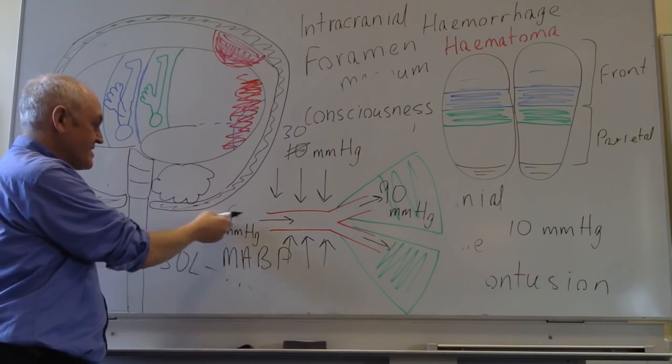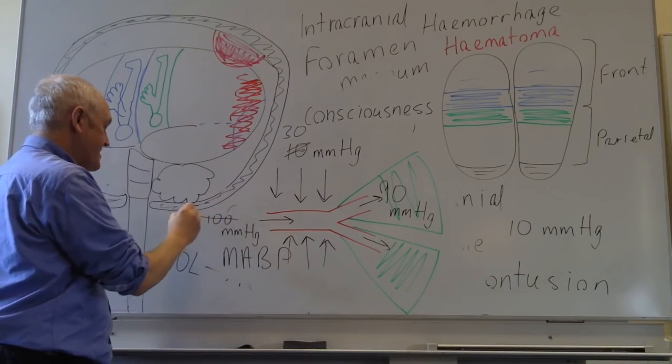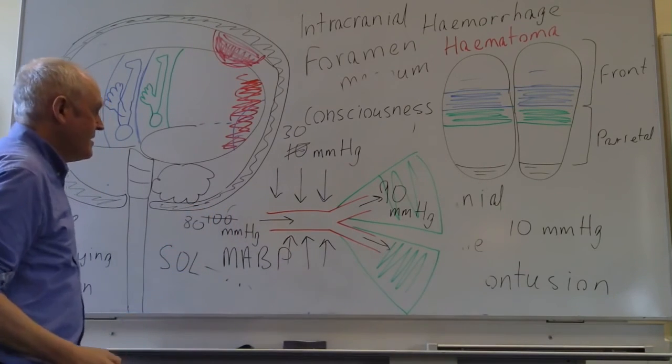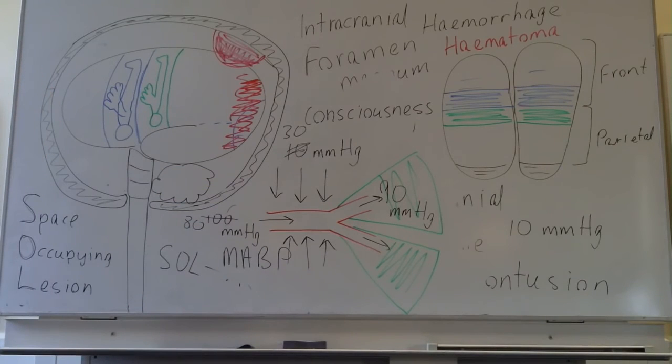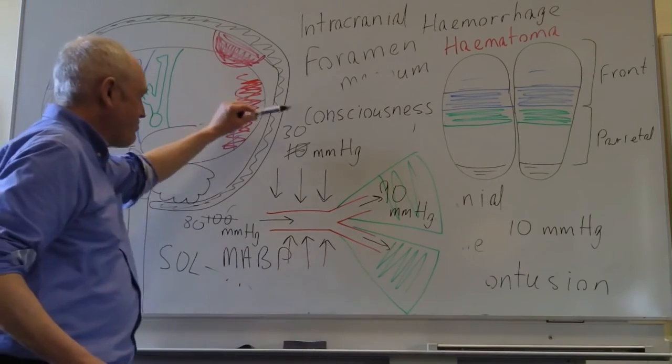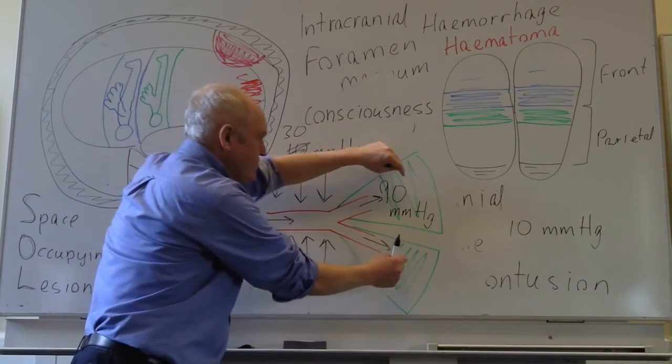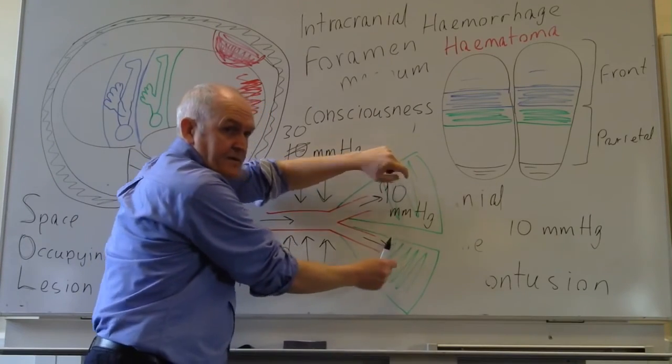So especially if that's lower, the blood pressure's down to an average of 80. Heck, can you see now we're down to 80 minus 30, which is... we're way down now, aren't we? But even if that blood pressure's normal, if the intracranial pressure rises, that's going to reduce the amount of blood getting to the brain.